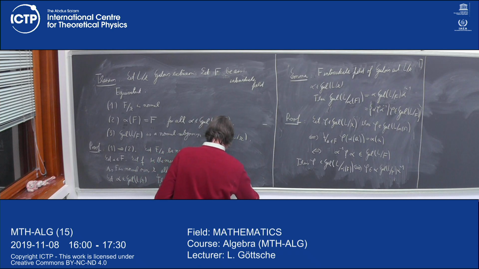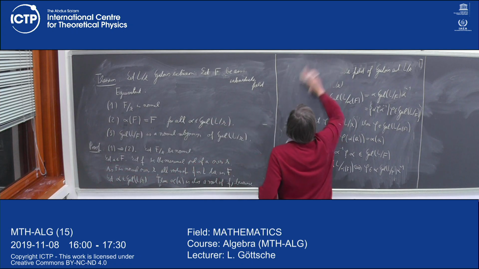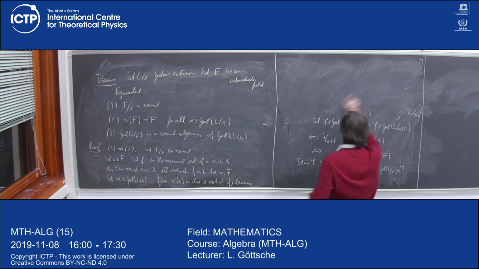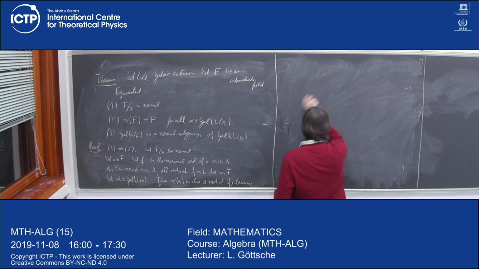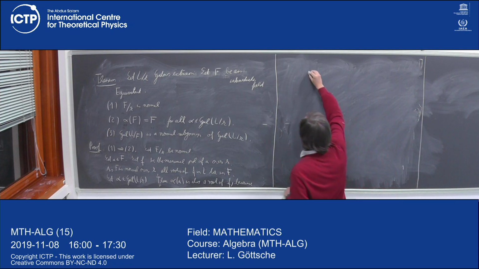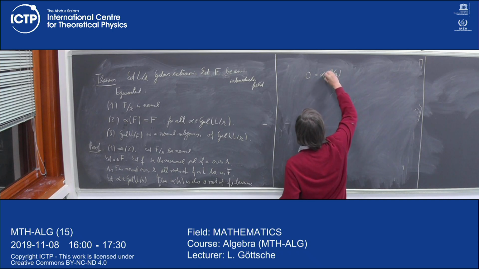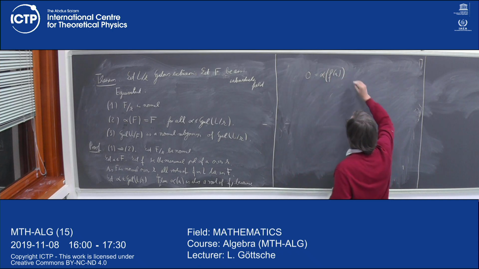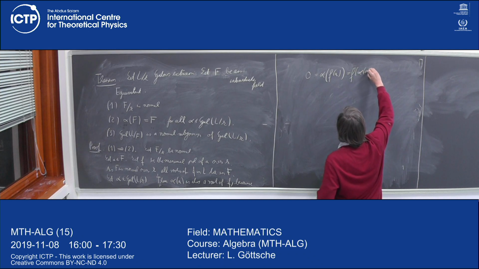Because, as we have seen many times, 0 is equal to f of a, which is also alpha of f of a, and this is equal to f of alpha of a.